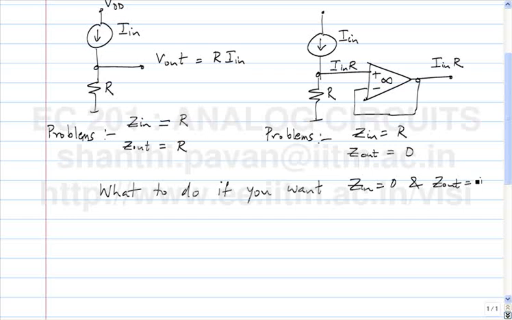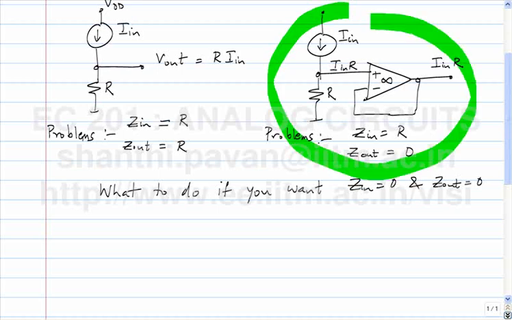So what would you do if you want to make Z in equal to 0 and Z out equal to 0? We seem to have solved the problem with output impedance. So the output impedance problem can be solved if the output of this block is taken from a voltage source. However, we are not able to solve the input impedance problem.